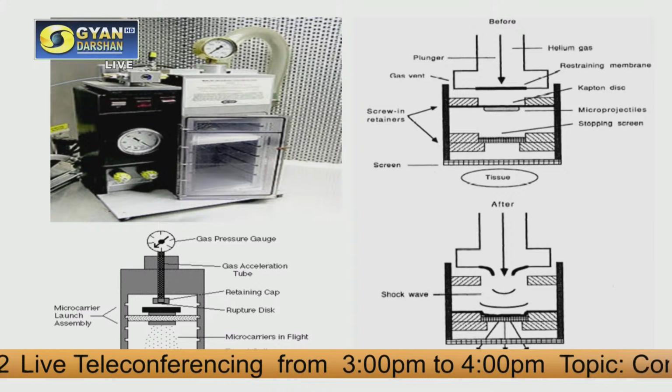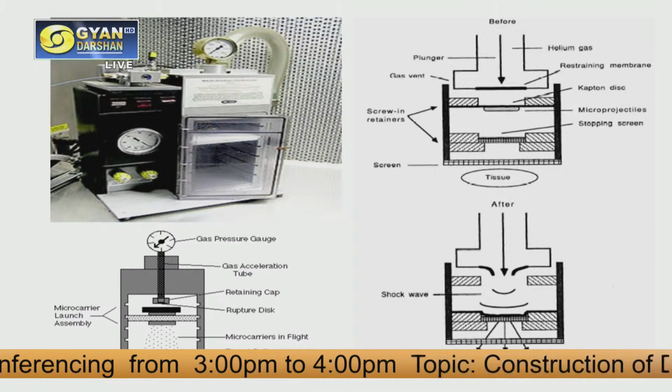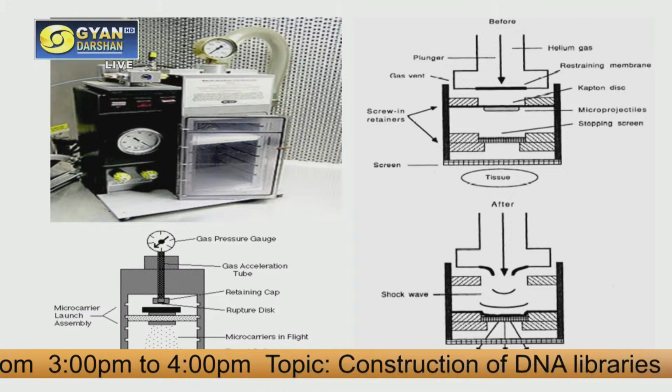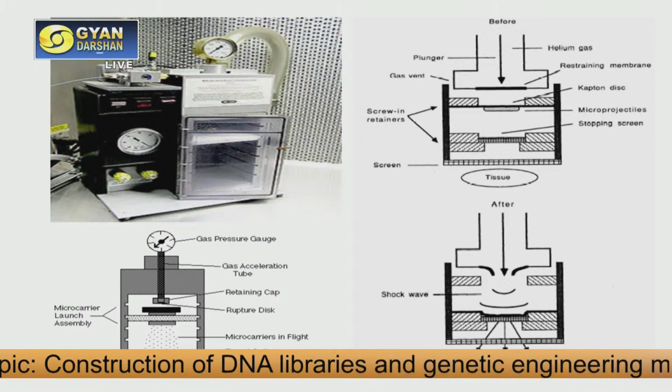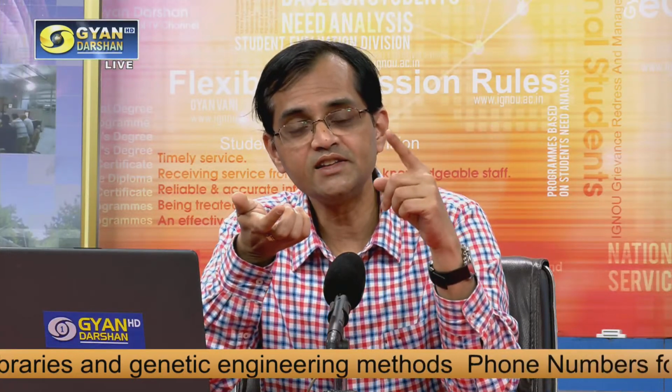So what you are doing basically is coating the DNA with gold particles. You are putting it on a particular surface, the macrocarrier, and then you are releasing the helium gas from the cylinder, allowing the helium gas to enter the chamber under very high pressure.